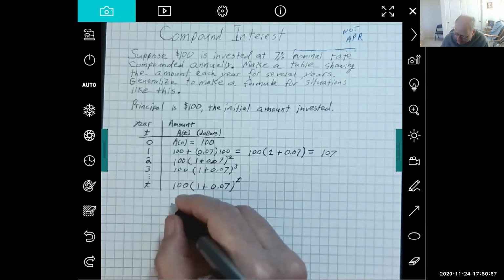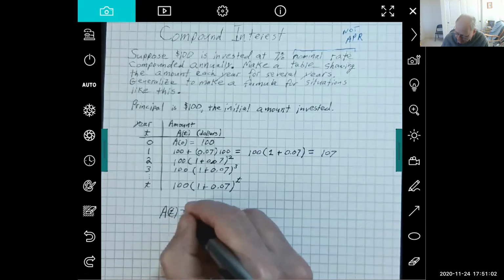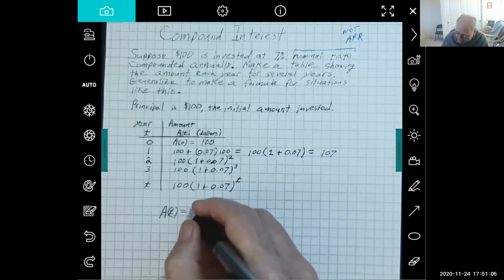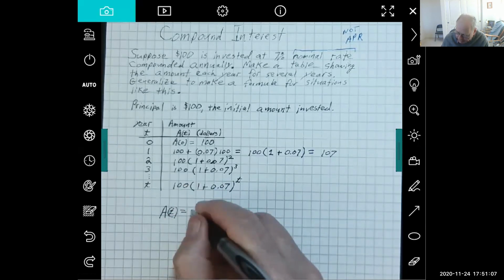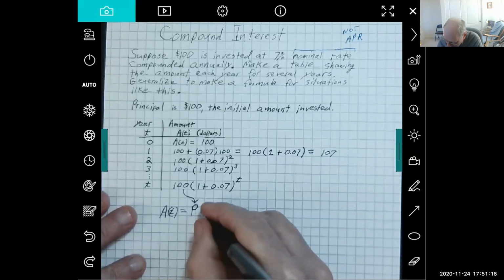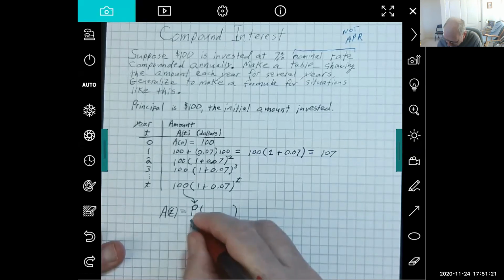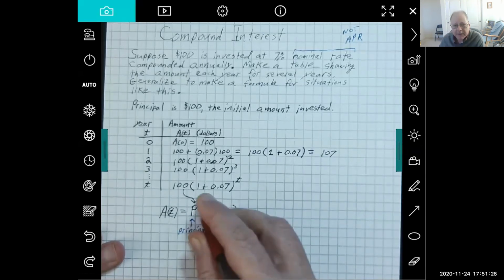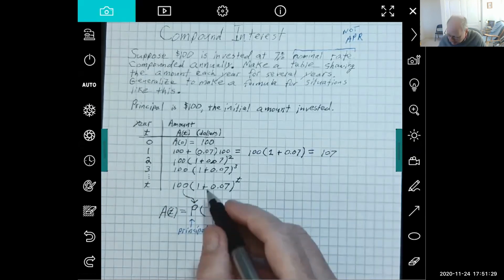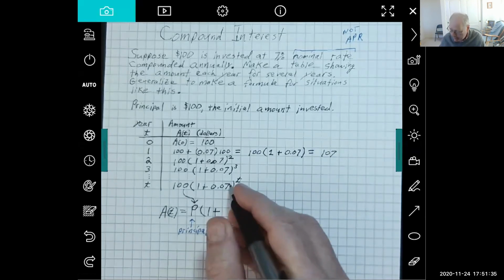So it looks like the amount at time t is going to be your original $100. That's your principal, P, and you're taking that principal and you're multiplying times 1 plus, and the 7% we were using, that's the nominal rate.